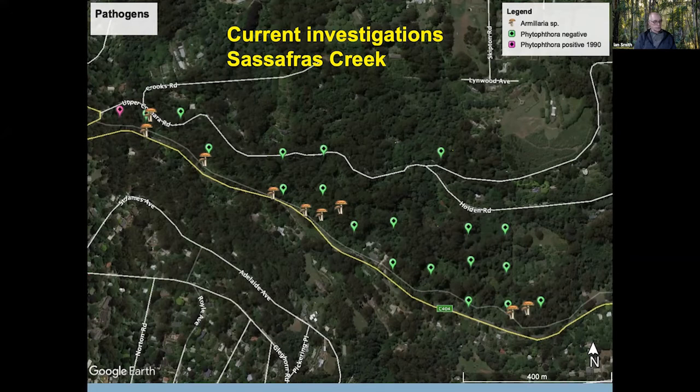So yes, there has been some major changes in distribution due to Phytophthora. I reckon that's caught us up on that, Ian.